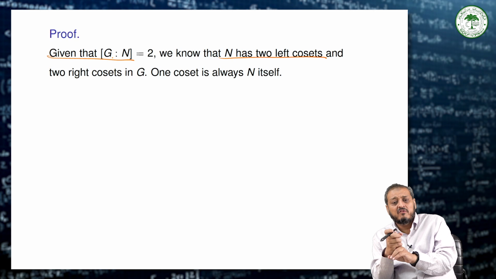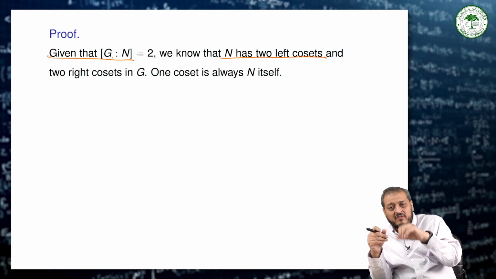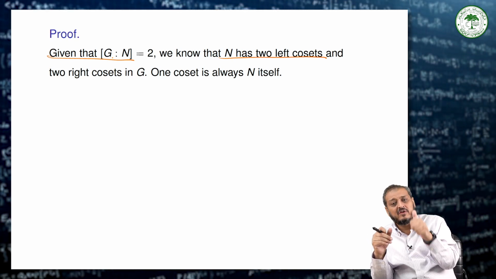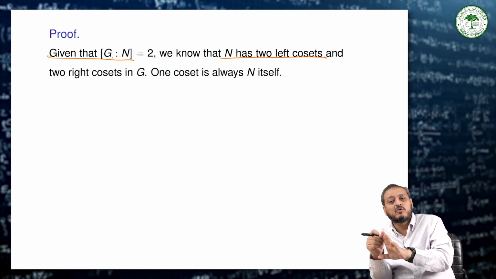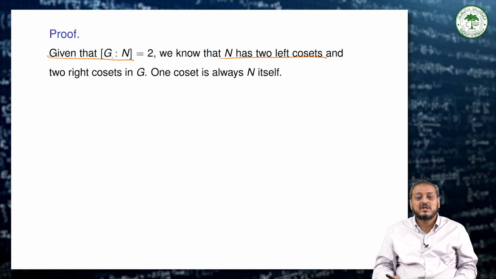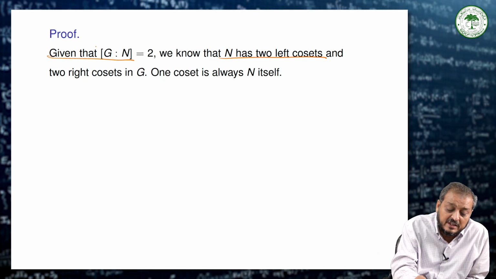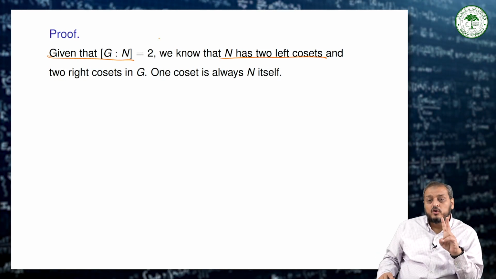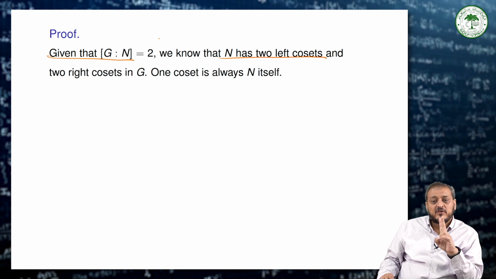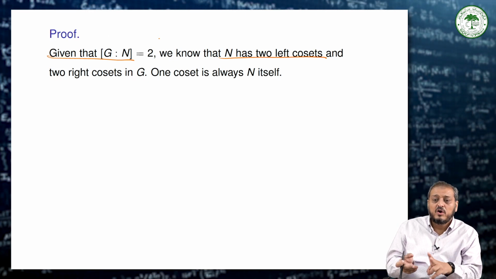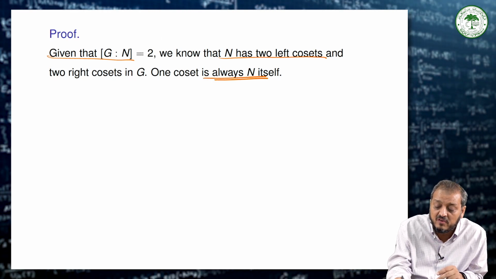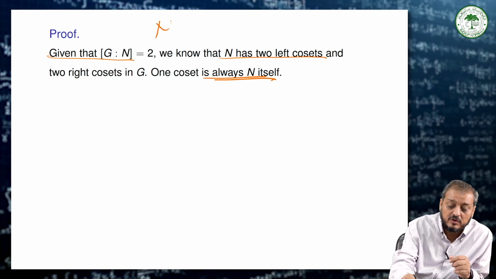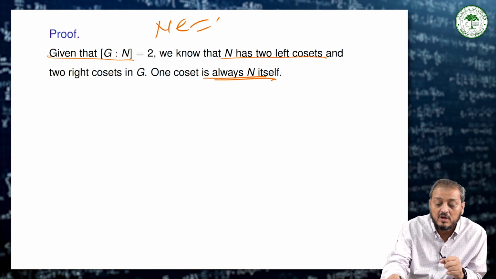And one coset is always N, because N times E is always one of the cosets. So exactly 2 cosets are there, 2 left or 2 right cosets, and one of the cosets is clearly N itself, because N E is equal to N.